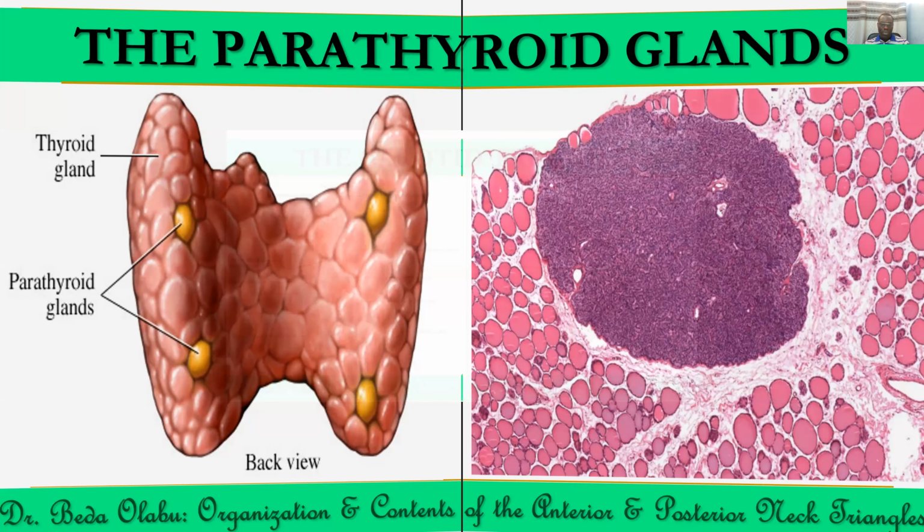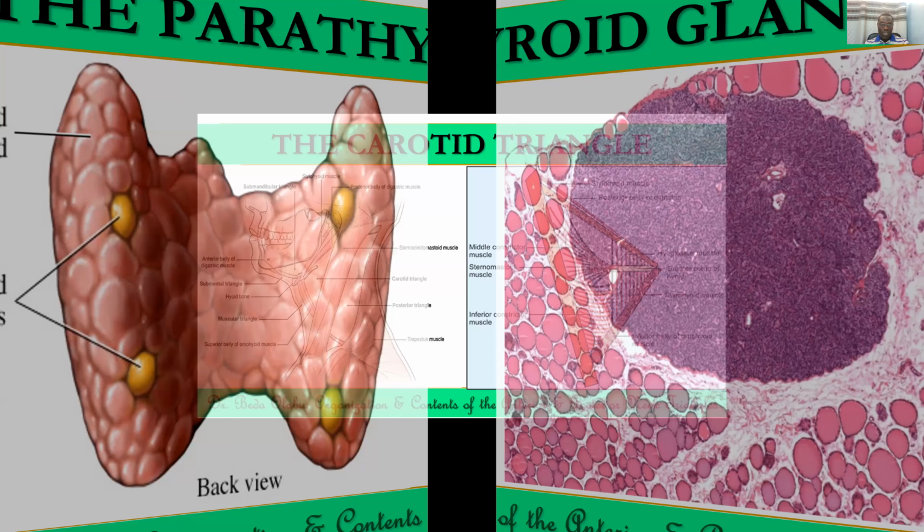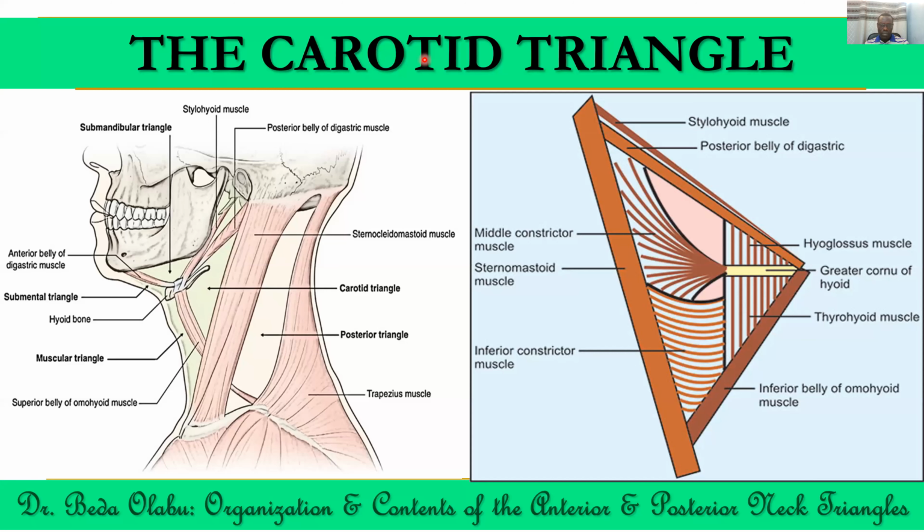Then we talked about the carotid triangle of the neck. So the carotid triangle of the neck is bounded by the anterior border of sternocleidomastoid, the superior belly of omohyoid, and anterosuperiorly there, we have 2 muscles: the posterior belly of the digastric muscle and the stylohyoid muscle.